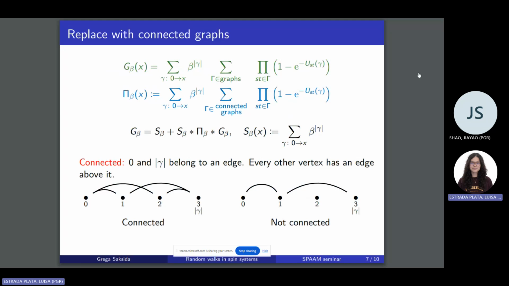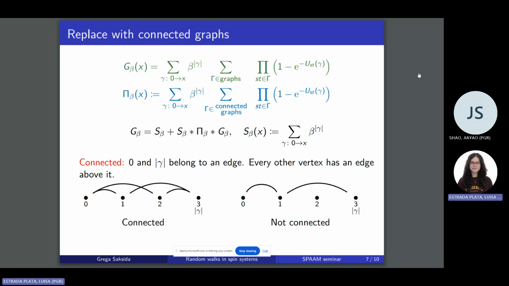What I mean is that the first and last vertex have to belong to an edge. This is true in both cases. But then for every vertex in between, there has to be an edge stretching above it, which is true in this case. So 1 has an edge above it, 2 has an edge above it. But in this case, this one does not have an edge above it. So this one is not connected.